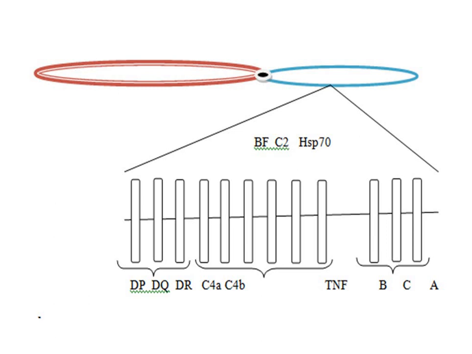Then class 2 is situated in the D region. This class 2 MHC is also known as DP, DQ, and DR. These are three components situated in the D locus. The third one is the class 3 MHC molecule, which is called the complement loci.